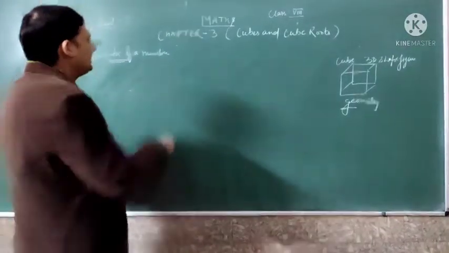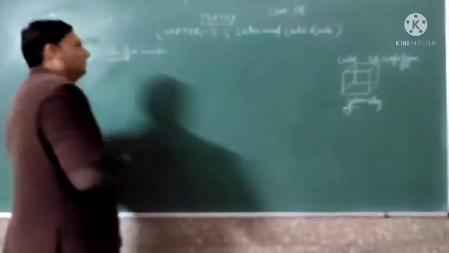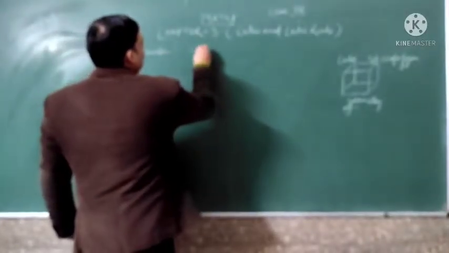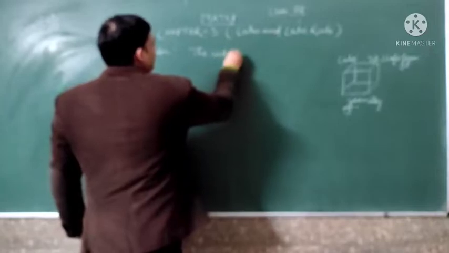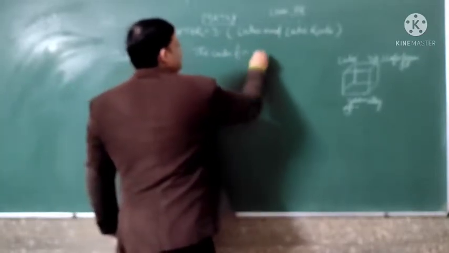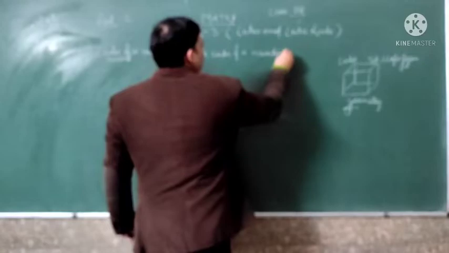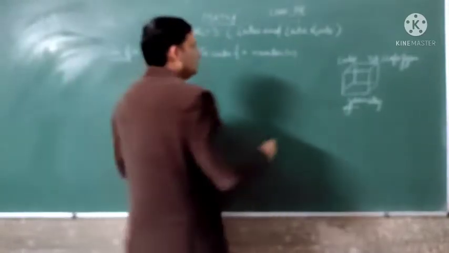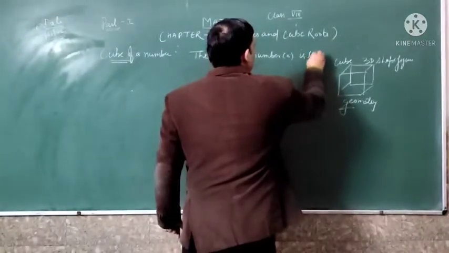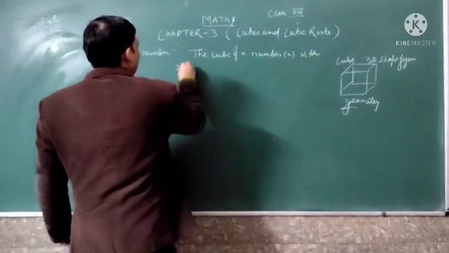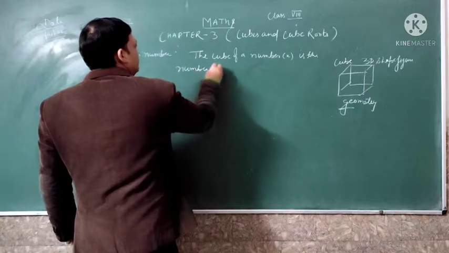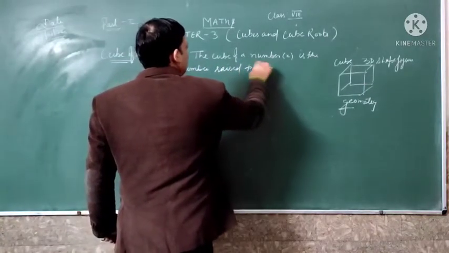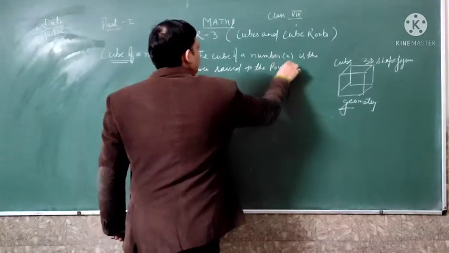Here first I will tell the definition of the cube of a number. The cube of a number x is the number raised to the power 3.